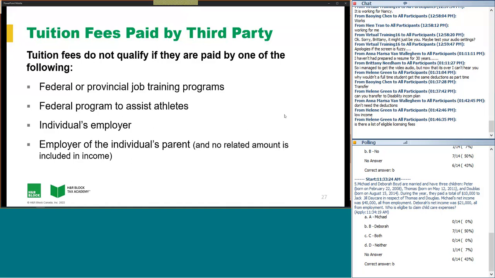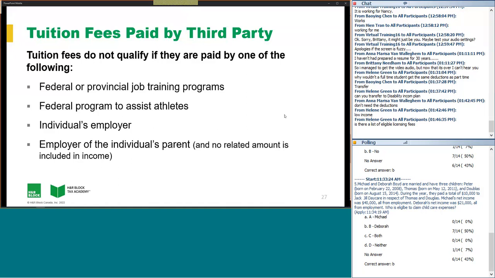There is one exception which can get fuzzy, so I want to make sure, because we see this in Manitoba, if the education is being paid by a band or council, so if you have a student who is identifying as First Nations and they are living on reserve, their band or council might pay for their education for them. In that specific circumstance, they do still qualify for the tuition credit. So there is an exception in that rule.